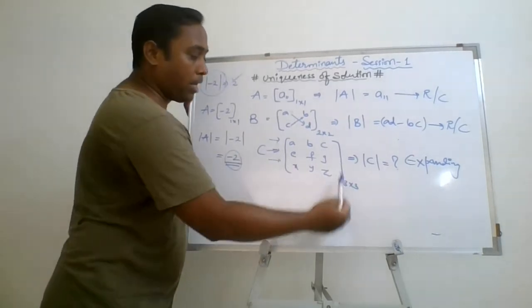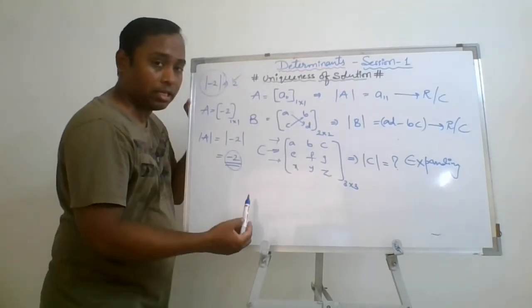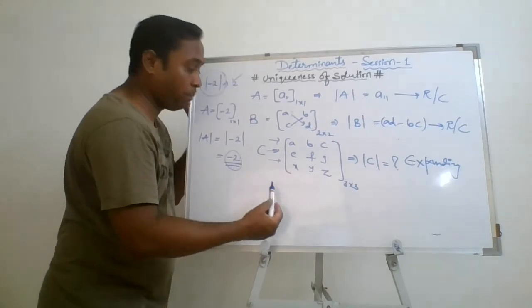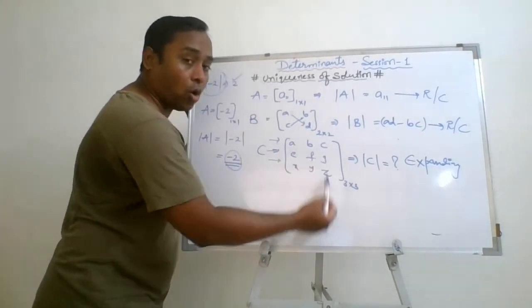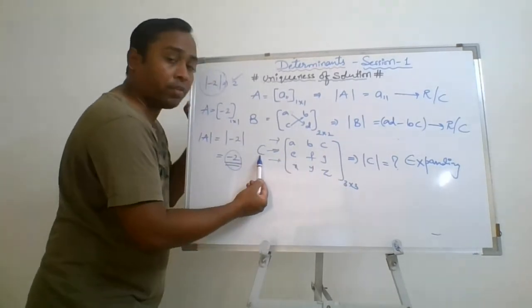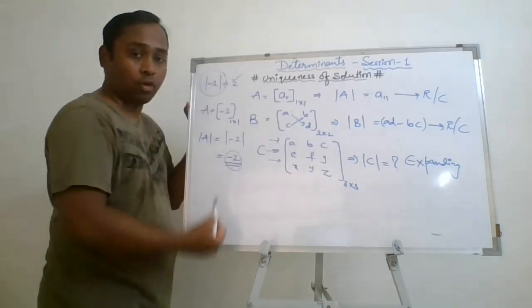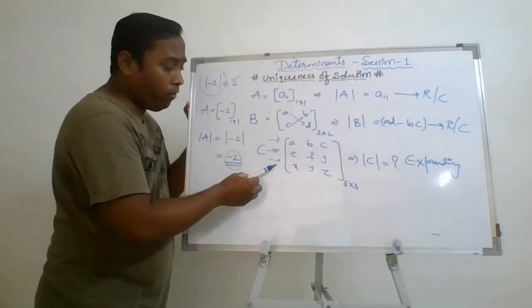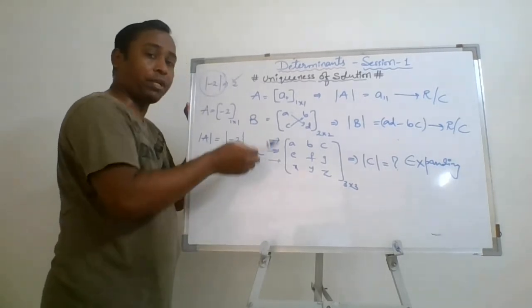The 3 by 3 matrix determinant can be calculated in 6 different ways, either with the help of 3 rows or with the help of 3 columns. There are 6 ways to find the determinant of a 3 by 3 matrix, but with the help of 2 by 2 matrices only. So all further square matrix determinants also depend on the previous one.